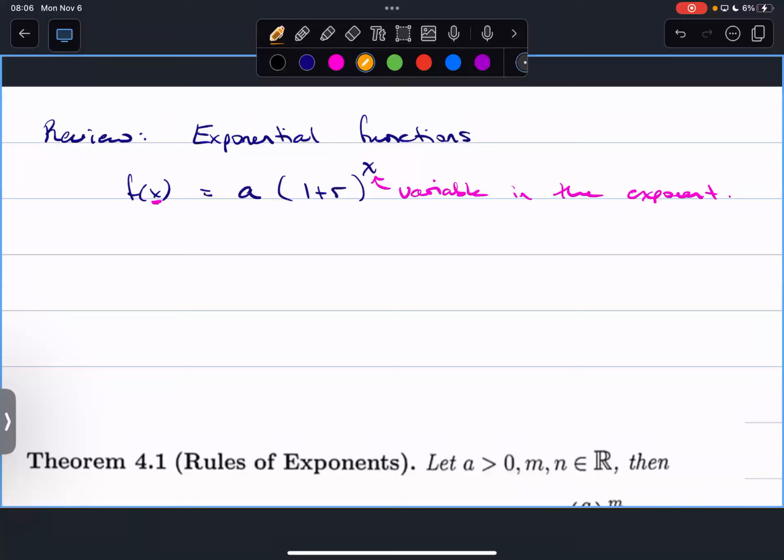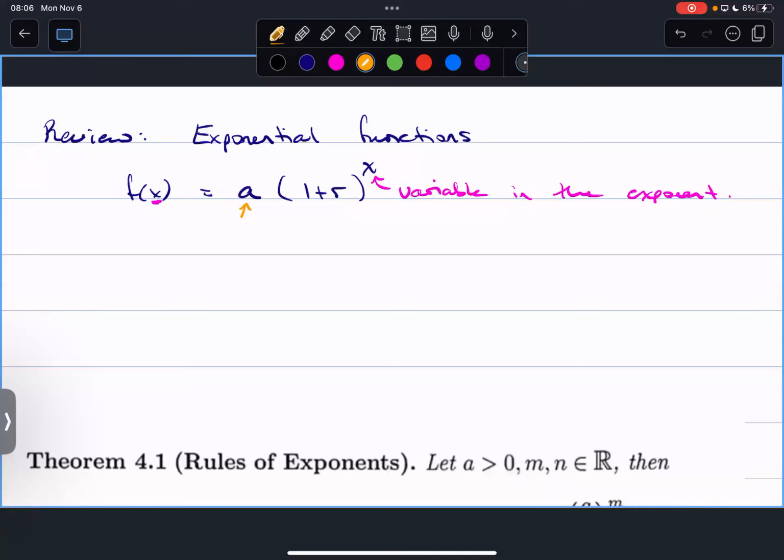We said that A is your initial value, right? So whatever the population size was initially, or whatever the initial investment. We talked about compound interest being an exponential function.